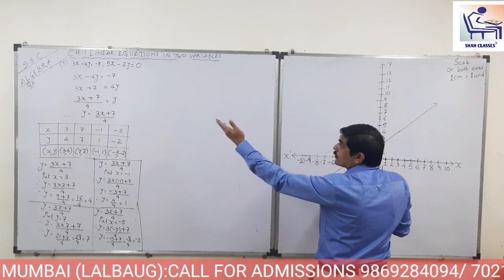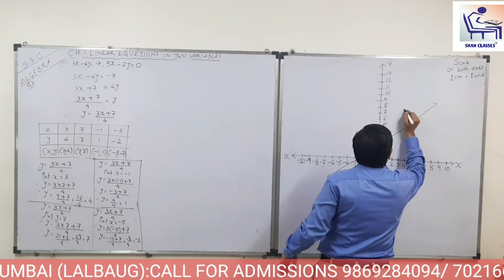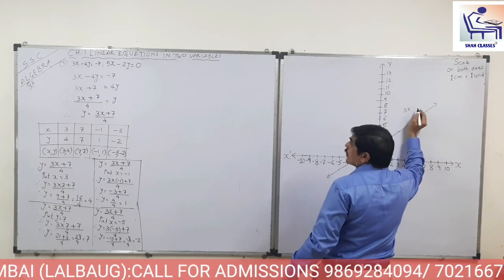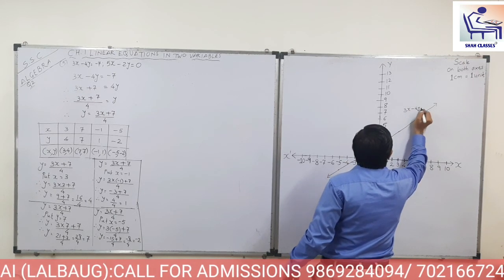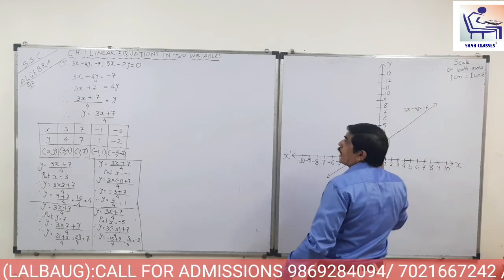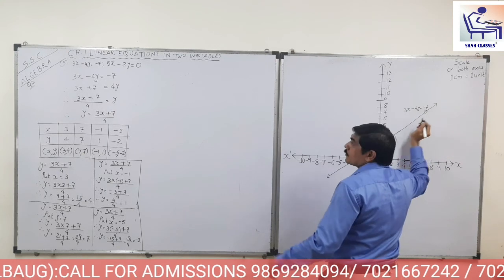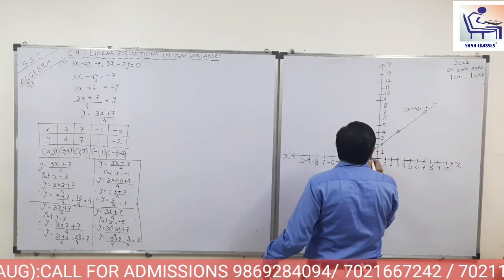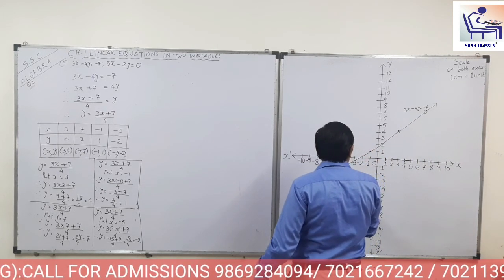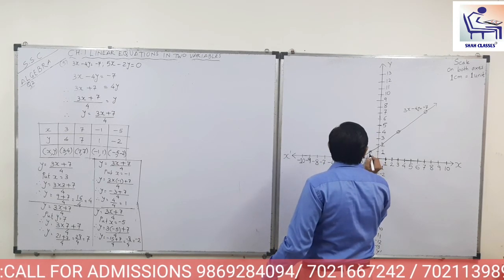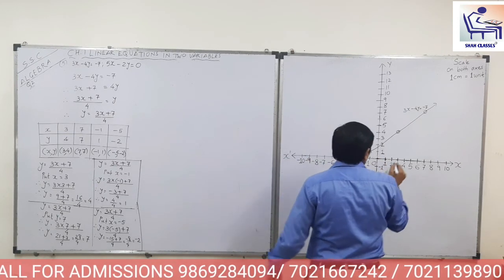Please give the naming of this equation. 3x minus 4y is equal to minus 7. Now we will give the naming of all the points. So first point is 3, 4.